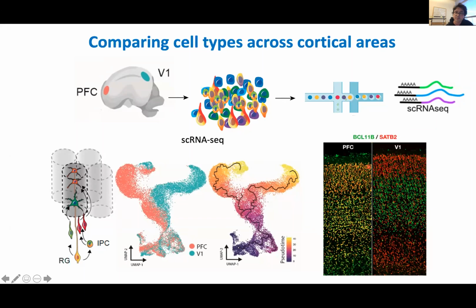BCL11B in most studies is enriched in layer 5 pyramidal tract neurons, whereas SATB2 is a transcriptional regulator which determines the identity of callosal projection neurons. In primary human tissues, we find these genes to be differentially expressed in the visual occipital areas, but co-expressed in the prefrontal cortex.